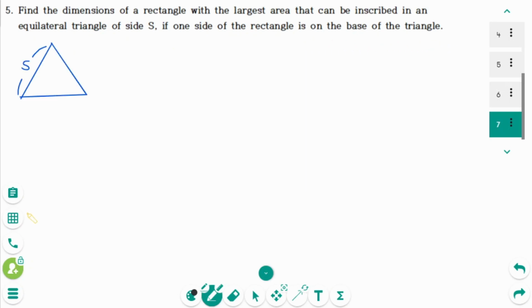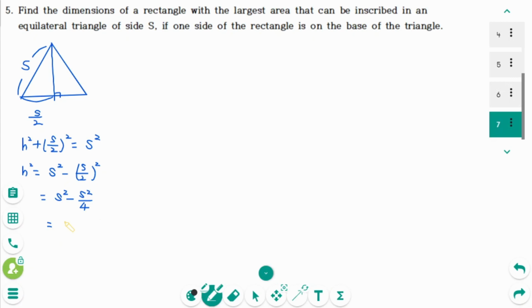Here is an equilateral triangle of side s. This one is the height h, and this length is s over 2. Using the Pythagorean theorem, h squared plus (s over 2) squared equals s squared. Then h squared equals s squared minus (s over 2) squared, s squared minus s squared over 4.